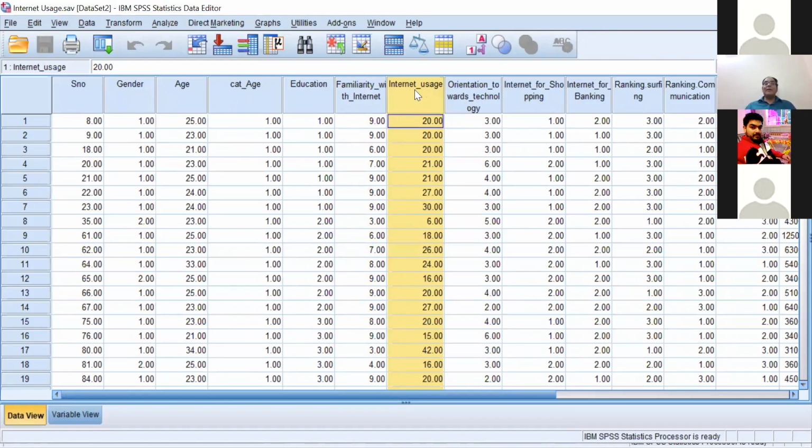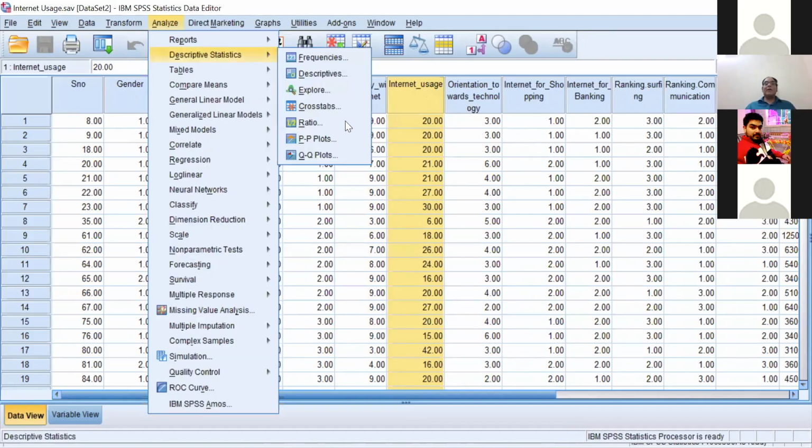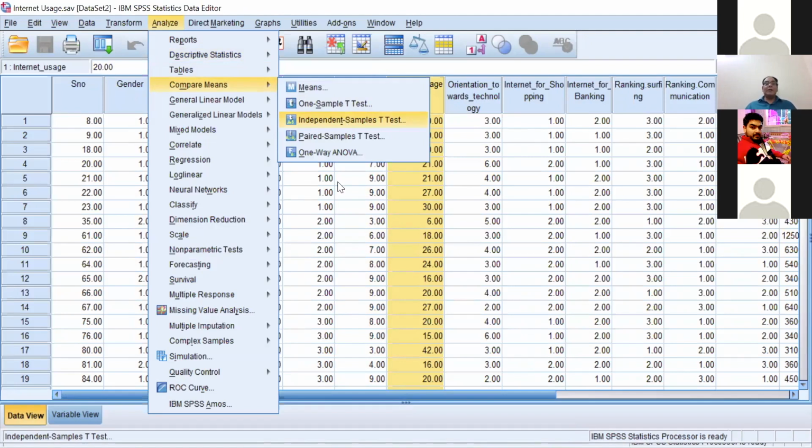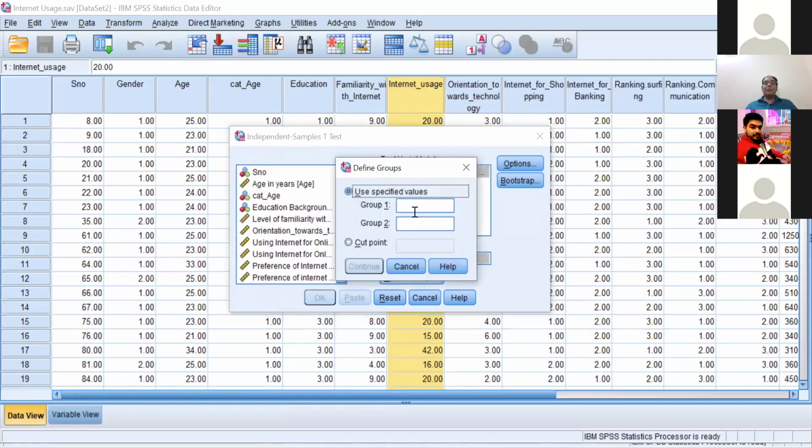This is my hypothesis, whether the male and female are using the internet equally or not. So I want to check the hypothesis, and I'm going to apply independent sample t test, and internet usage is my test variable, and gender is my grouping variable, and one I give for male, two I give for female.